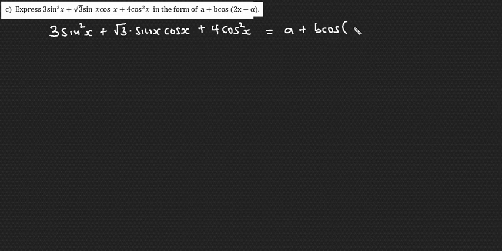So we just need to equate 3 sine squared x plus root 3 sine x cos x plus 4 cos squared x to be equal to a plus b cos of 2x minus alpha.